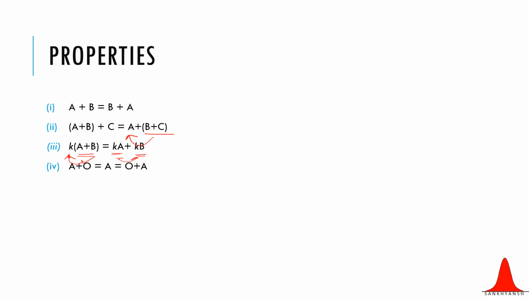Then if you add a null matrix to any matrix, you'll get the original matrix again, because you know a null matrix is one where all elements are 0.